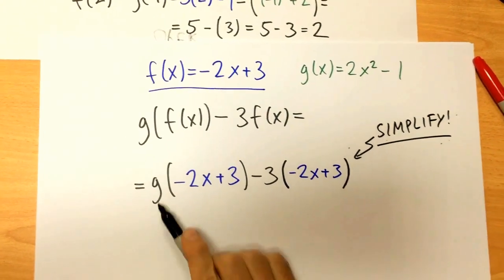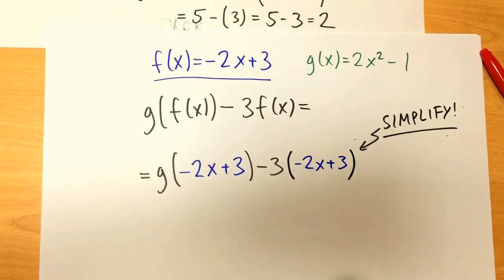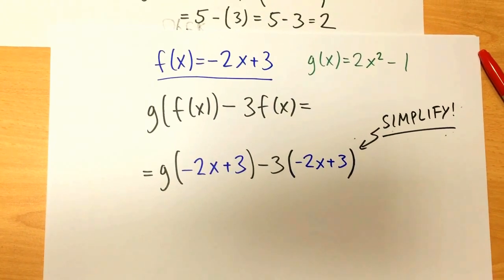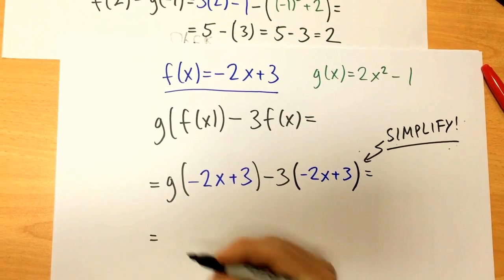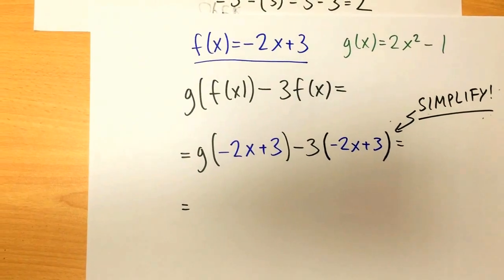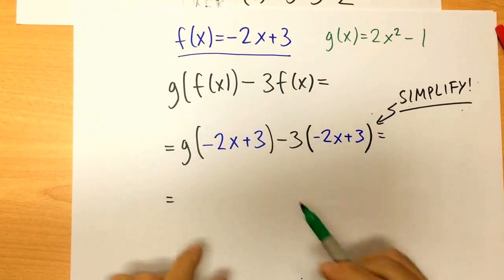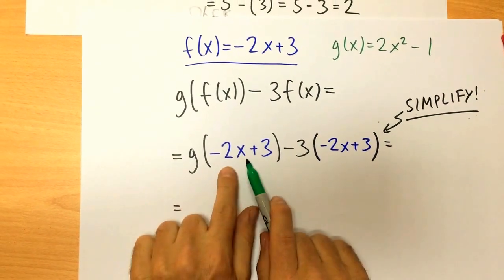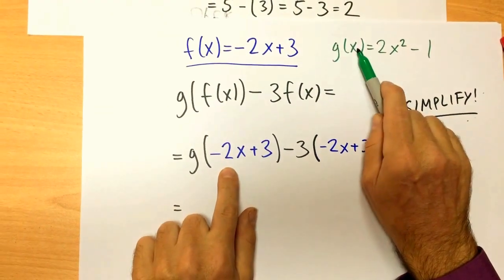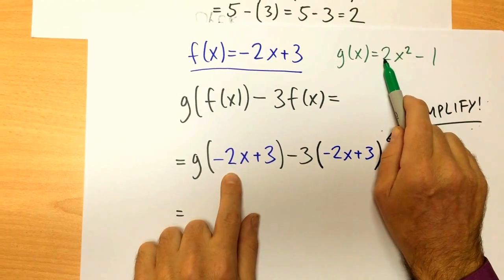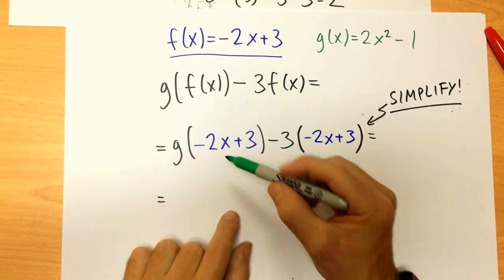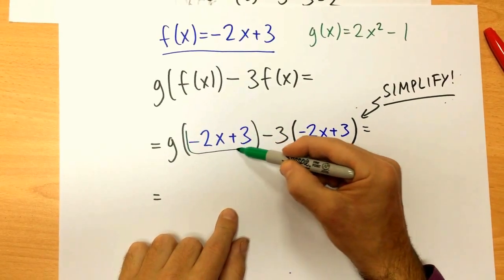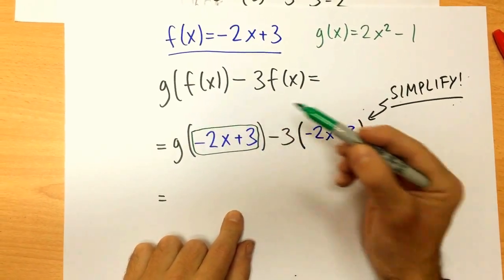Okay, g of negative 2x plus 3, and this is where we need to pay attention. Some students are stumbling on this step, and I don't want you to do it. Pay attention that g of something, that's the g of something here, is equal to 2 times that something squared minus 1. In our case, the input is negative 2x plus 3.